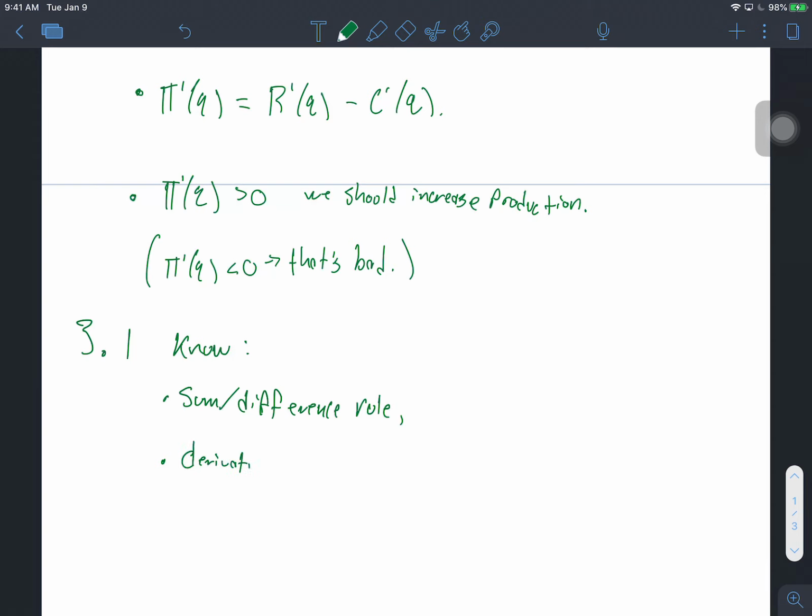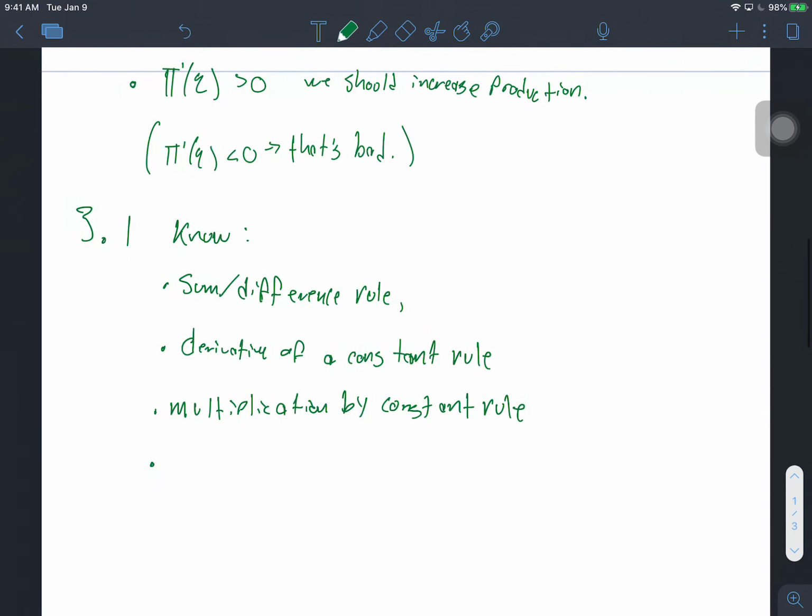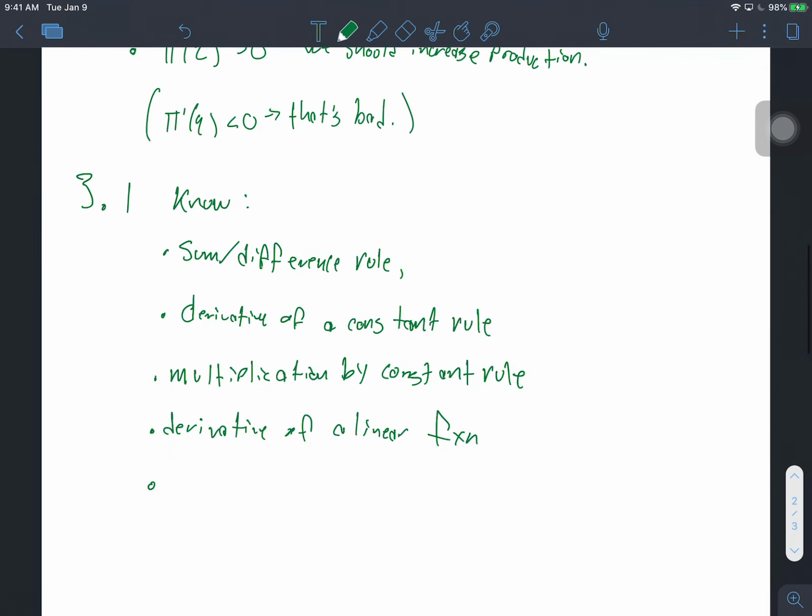Derivative of a constant rule, multiplication by constant rule, we should know how to find the derivative of a linear function. And we should know the power rule.